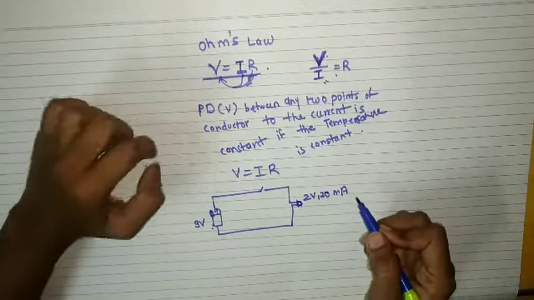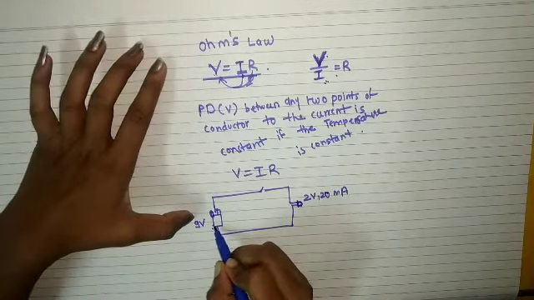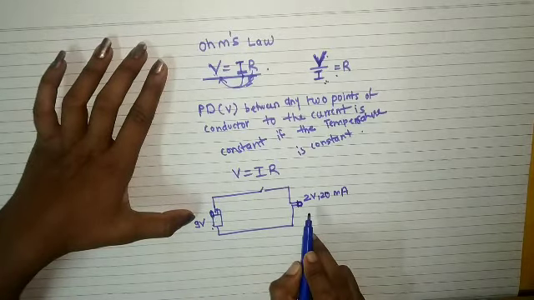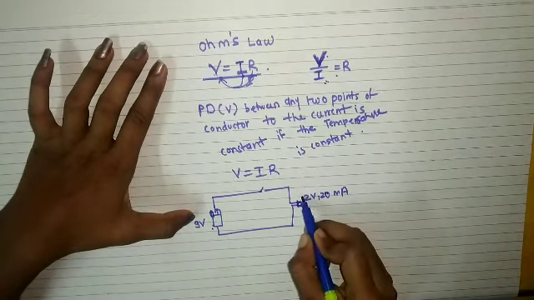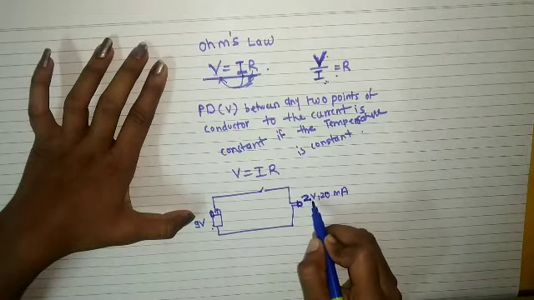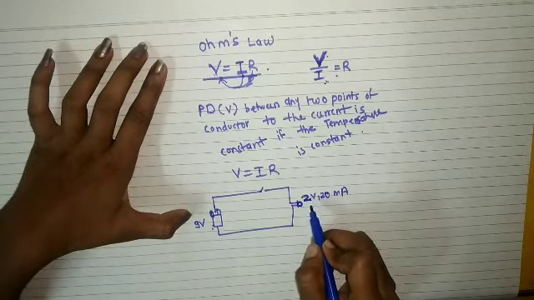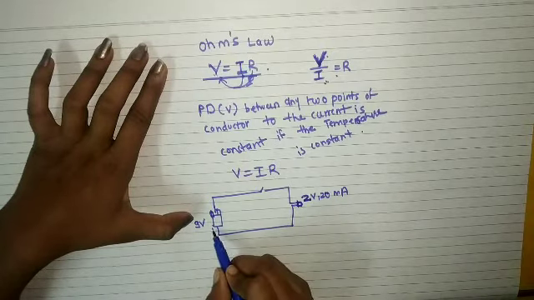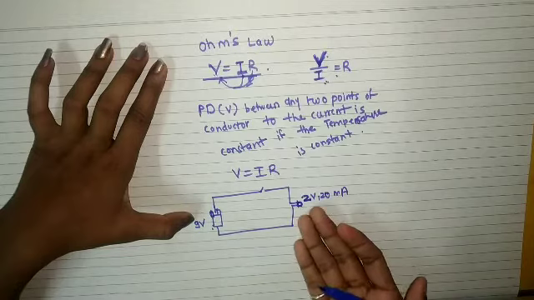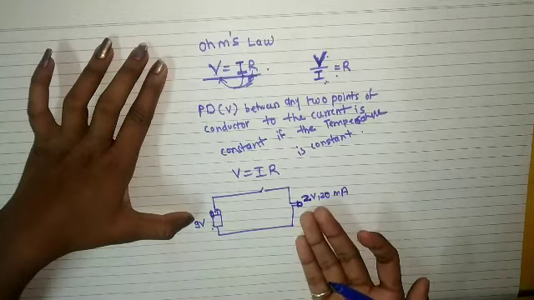So when this voltage is directly applied to this LED, what will happen? This LED is of 2 volt and we are giving a 9 volt supply, so obviously it will burn or get damaged.